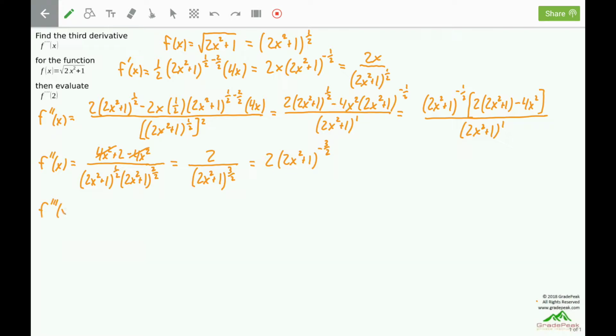Our third derivative will be, 2 just comes along, we'll bring the power down, a negative 3/2, leave the inside alone, 2x squared plus 1. We're going to subtract 1 from the power, so I will call that 2/2, and then we'll multiply by the derivative of the inside to complete the chain rule.